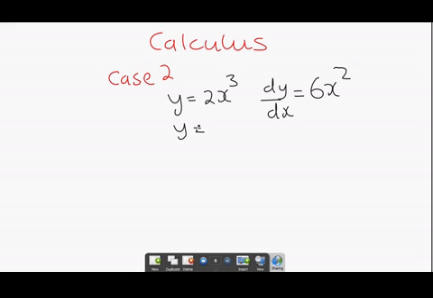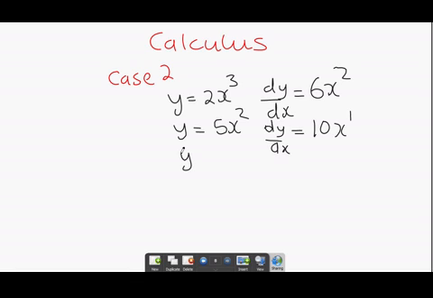Let's do another one. y is equal to 5x squared. The differential, dy/dx, change in y over change in x, is equal to 10x to the power of 1. I want you to notice what is happening to the exponent of x and what is happening to the number in front of x, the coefficient of x.